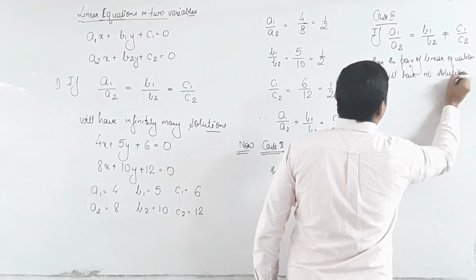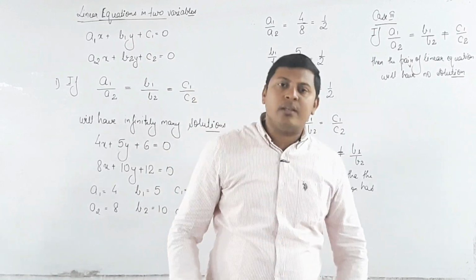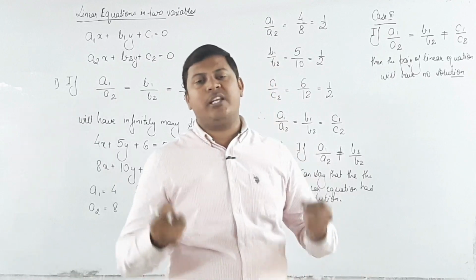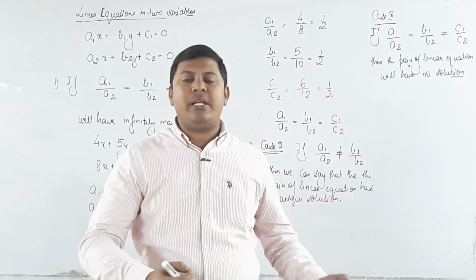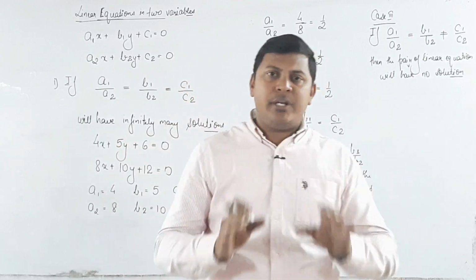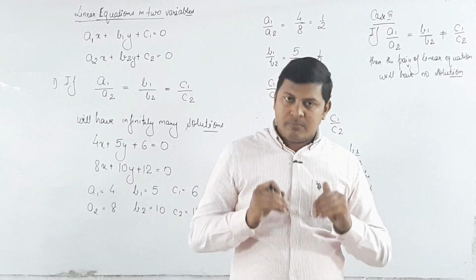No solution means when you solve it, you will not be able to find the value of x and you will not be able to find the value of y. That means no solution.